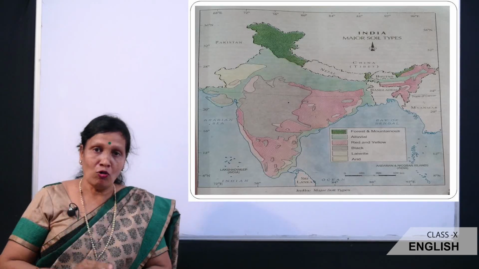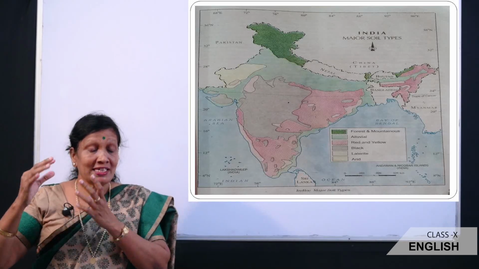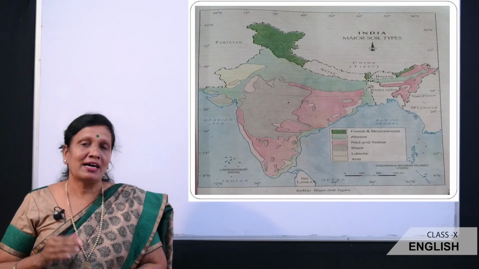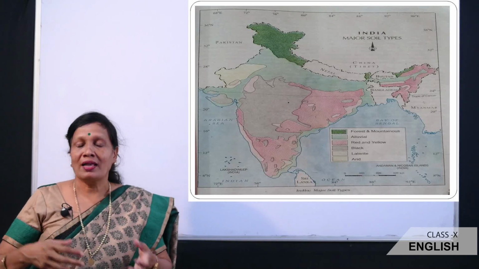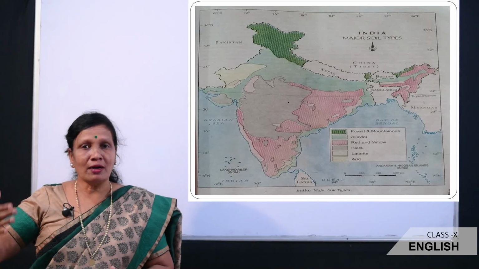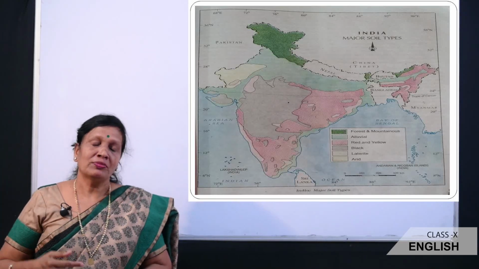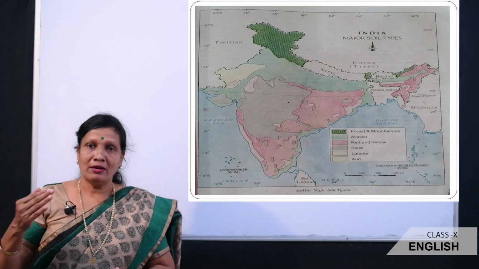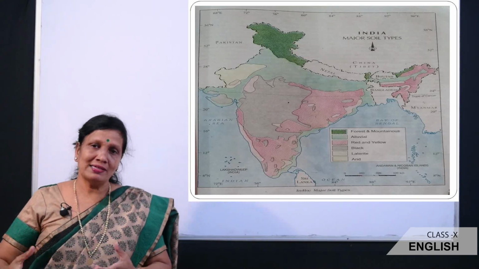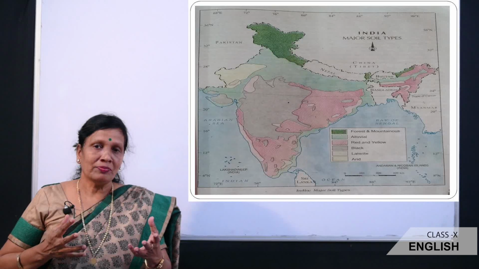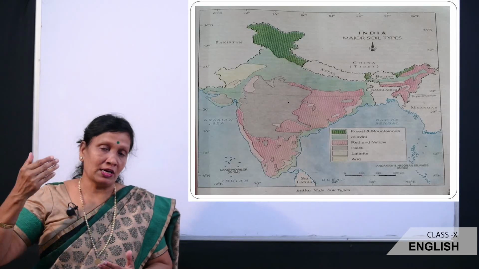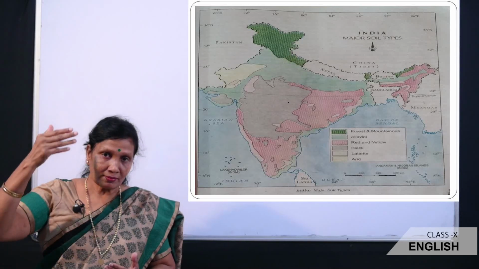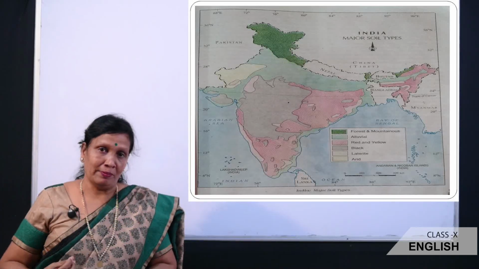So dear children, I hope writing an analytical paragraph has become clear to you. We did this in the last class and in this class also, we tried to take up different questions related to analytical paragraphs, analyze and compare them, and learned how to add our own points or our own ideas to the facts given.